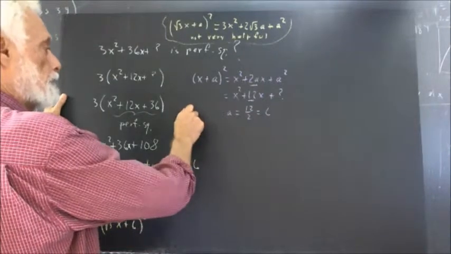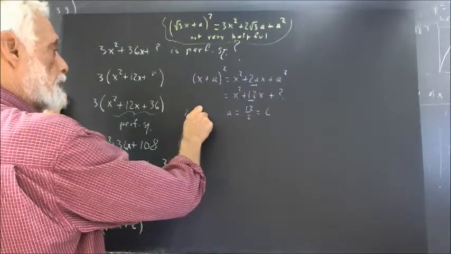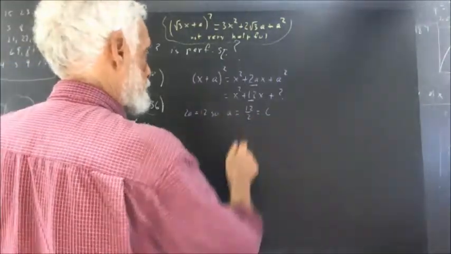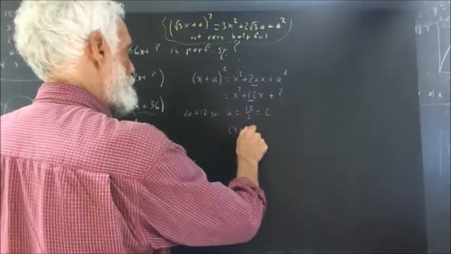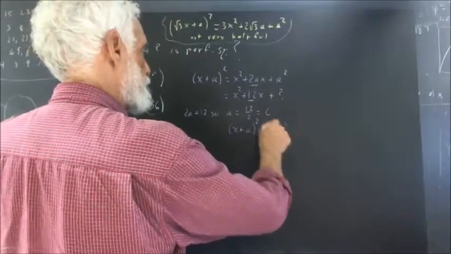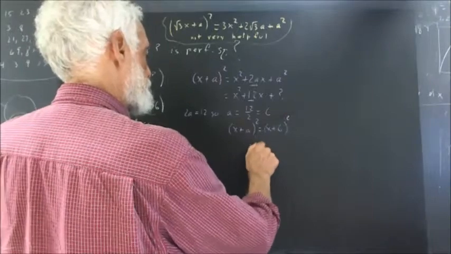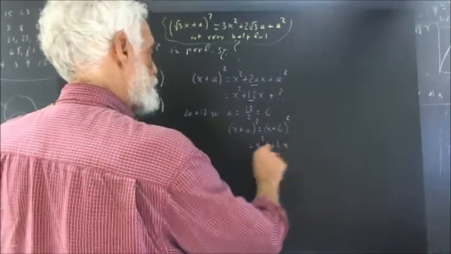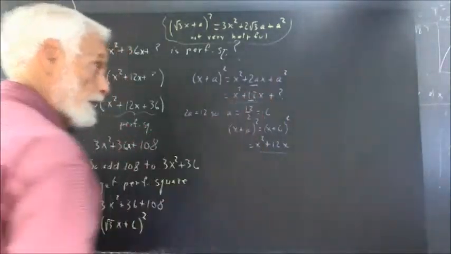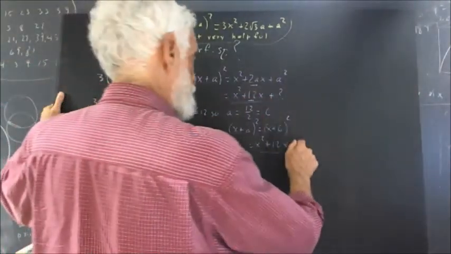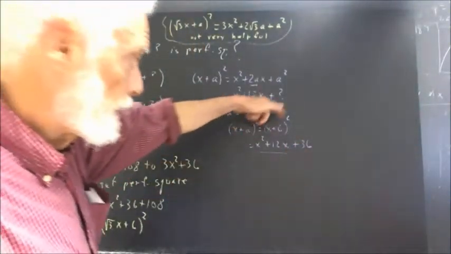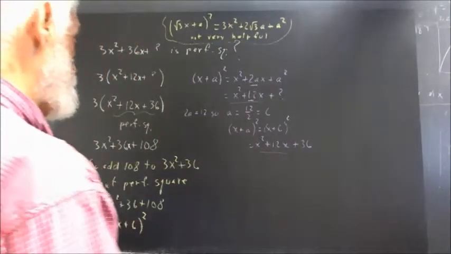Okay, I could write, 2a equals 12, so a equals 6, and then x plus a quantity squared equals x plus 6 quantity squared, which is x squared plus 12x, starting off exactly as we have to start off if we're going to complete the square on x squared plus 12x, and then plus 36. And just squaring this binomial in the usual manner.